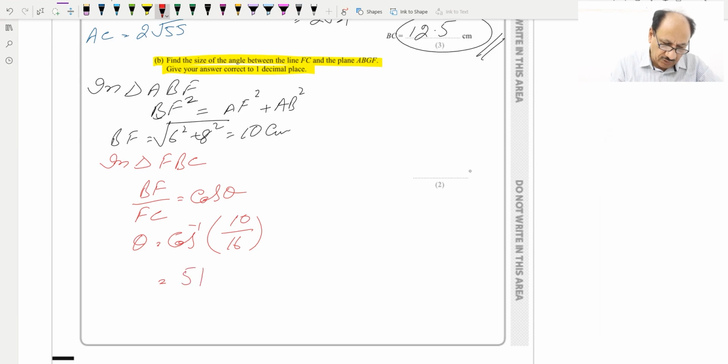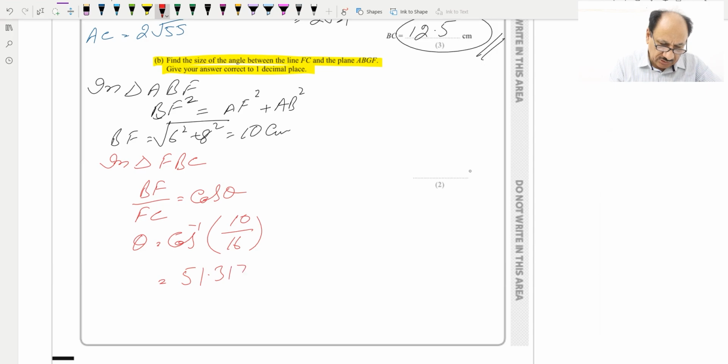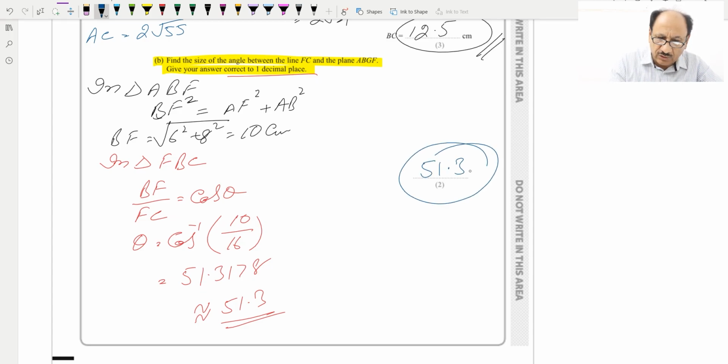So 51.3 and so on, we can round it to 51.3 because they are saying correct to one decimal place. So our answer will be 51.3 degrees, and this is a 2-mark question.